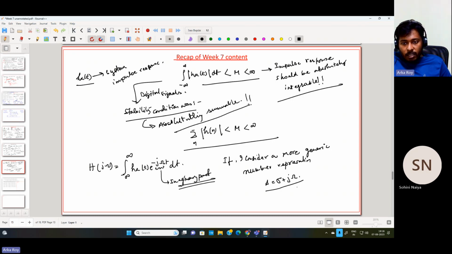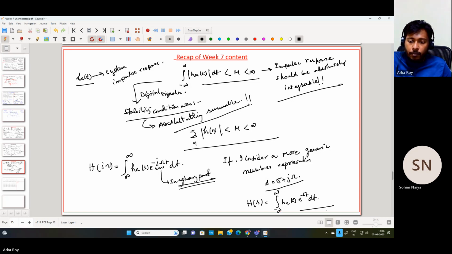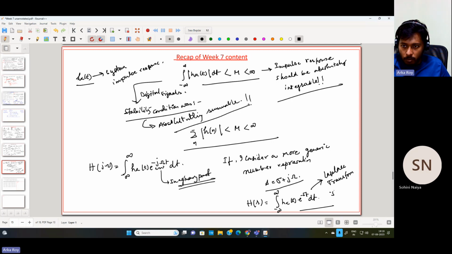So if I consider s equal to sigma plus j omega, this integral will be of this kind: H(s) is equal to minus infinity to infinity h(t) e to the power minus s t dt. Therefore, the relation is reduced to what we call the Laplace transform, or S transform.